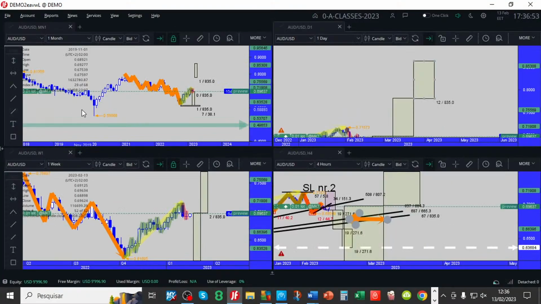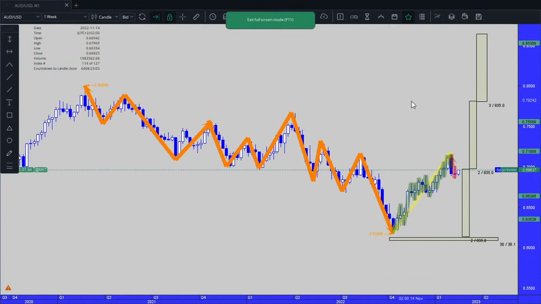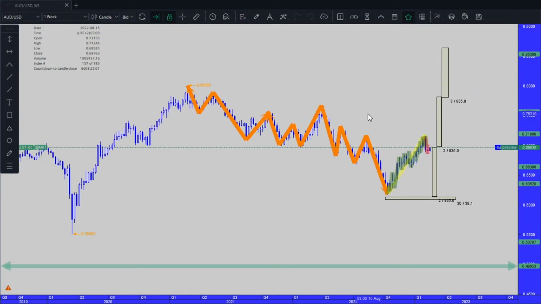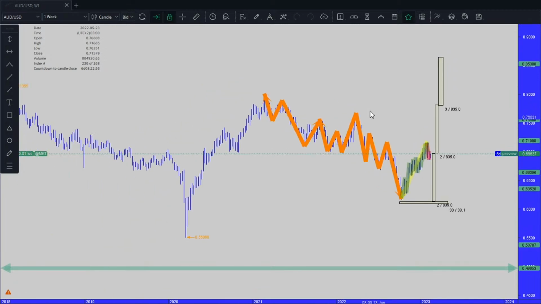And if I go on the, it's already on the weekly. I'm not sure how I produced this, but it's a nice feature. See everybody? Now this is the daily entry from the weekly perspective. What's the probability of this trade being a success?